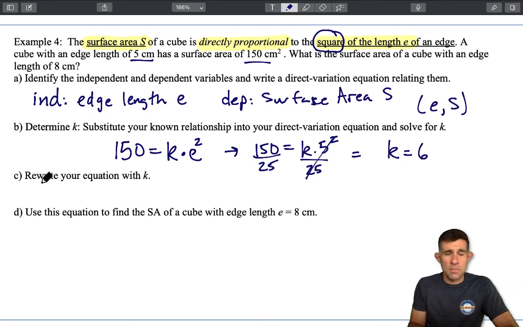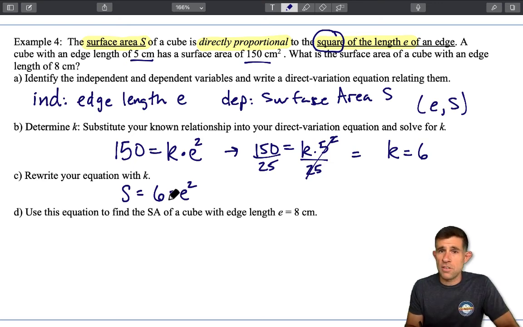All right, step number 4 says to rewrite our equation with K in it. So the surface area is equal to 6 times the edge length squared. That is our specific variation equation for this problem. Next up, we're going to find the surface area of a cube with edge length E equals 8.